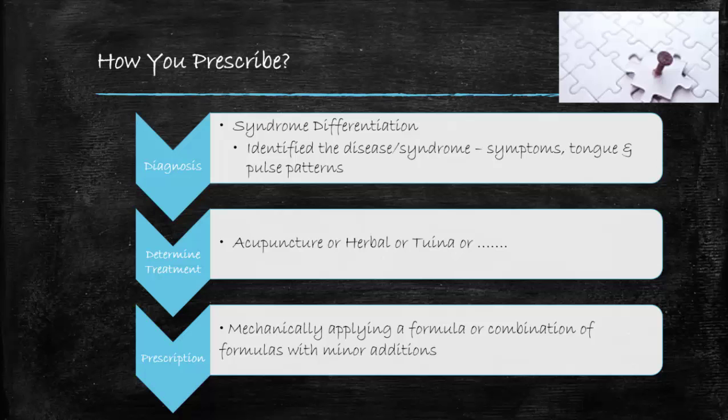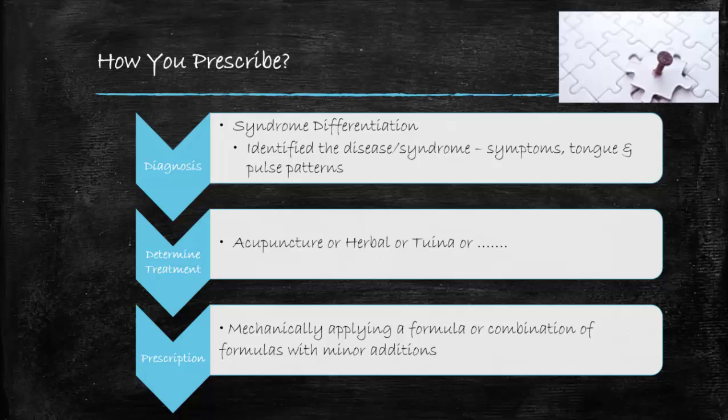Whether it's acupuncture, herbal, or even tuina, you actually have to determine what you are going to use, how you are going to use it, right? What acupuncture point, what formula. And unfortunately, a lot of what we learn from school is mechanically applying a formula or combination of formulas with some minor additions. And I think that's the main topic that I want to talk about in this episode.